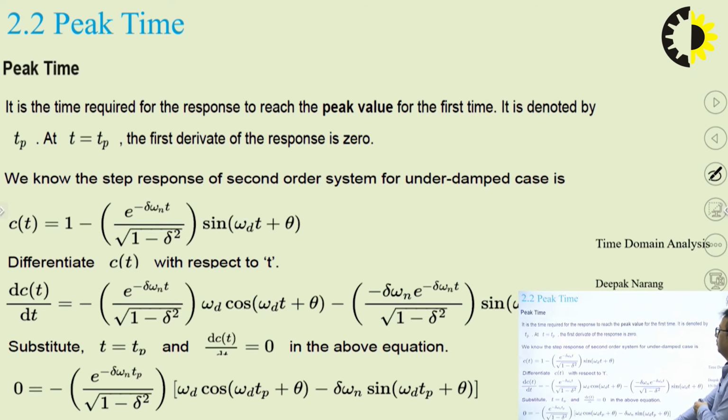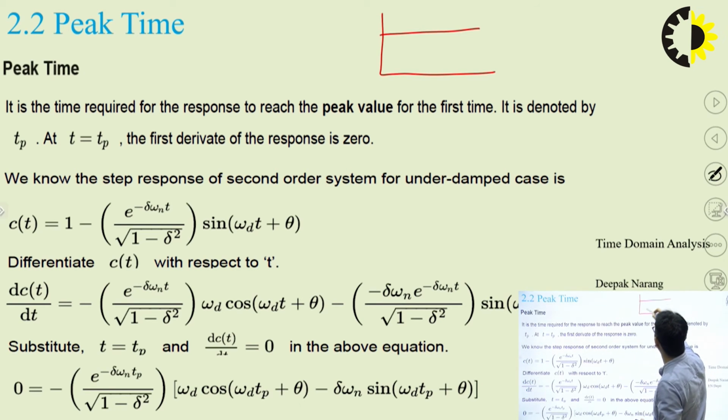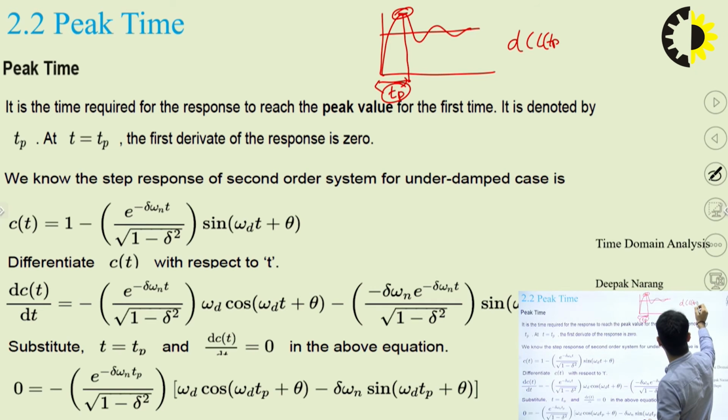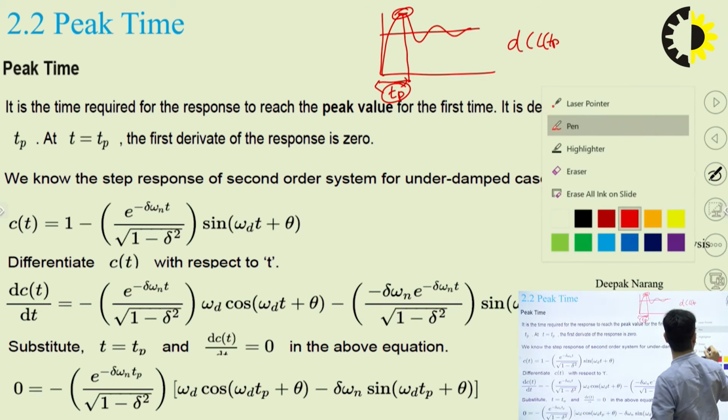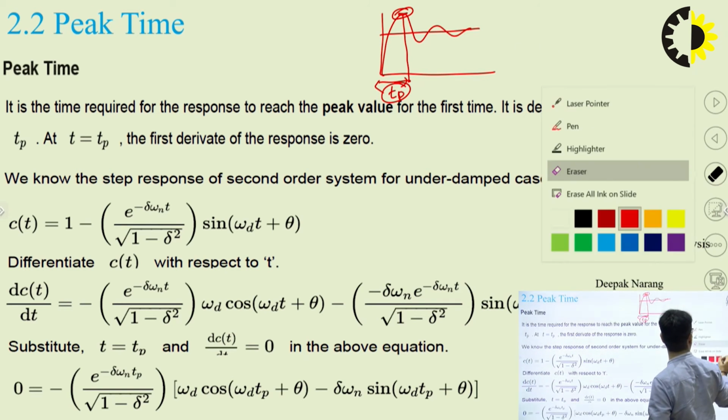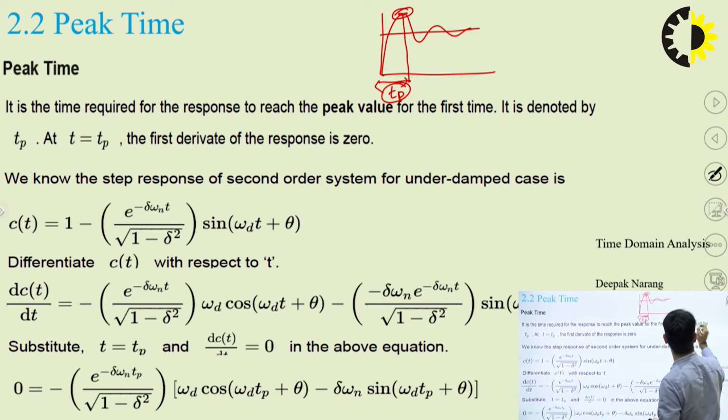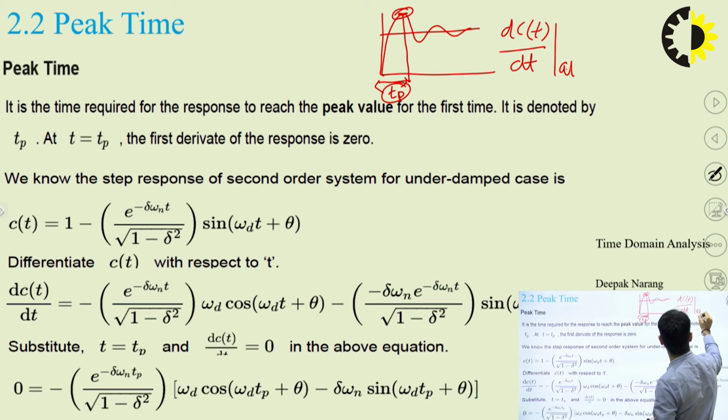Next is peak time. To get the peak time, we see that the slope of the time response at peak time, dc(t) upon dt at t equal to Tp, is equal to 0.